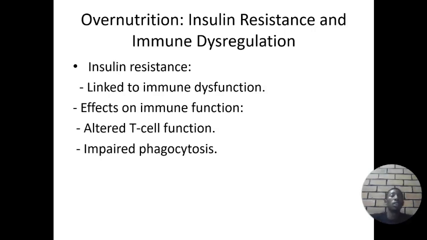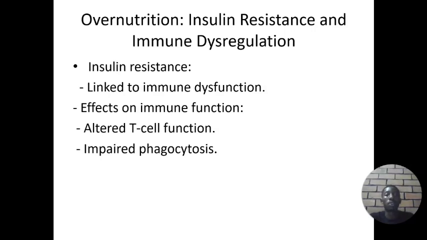Another is overnutrition. Overnutrition is about insulin resistance and immune dysregulation. If there is overnutrition or obesity, there is a high amount of adipose tissue or fat tissue.